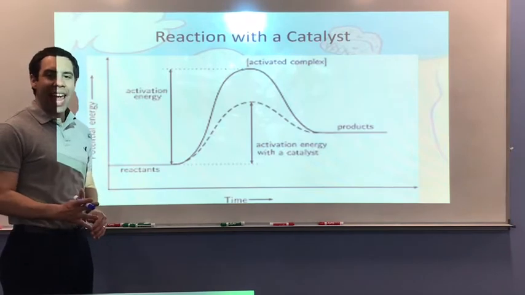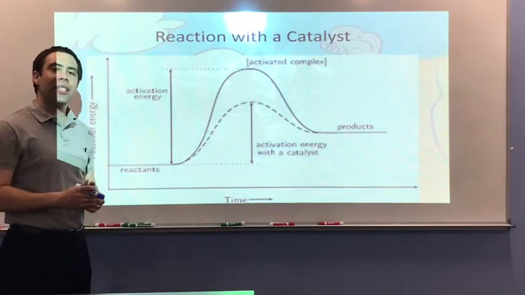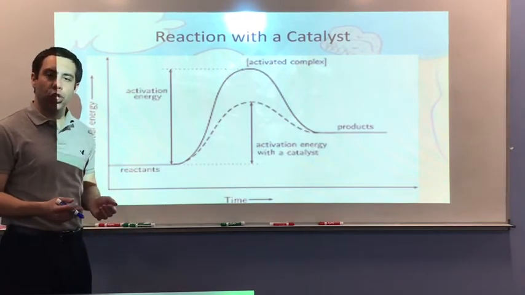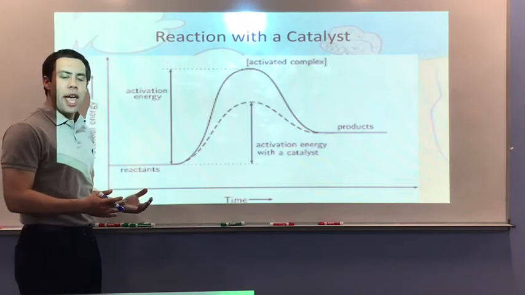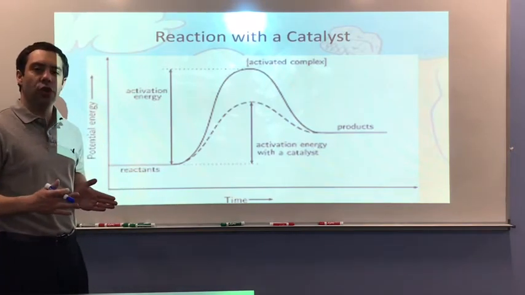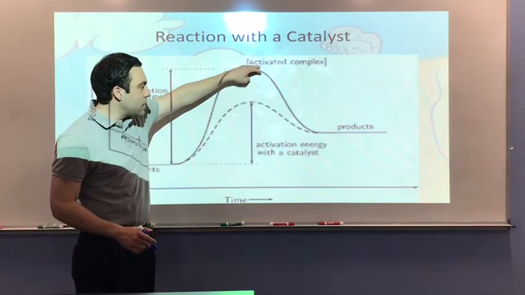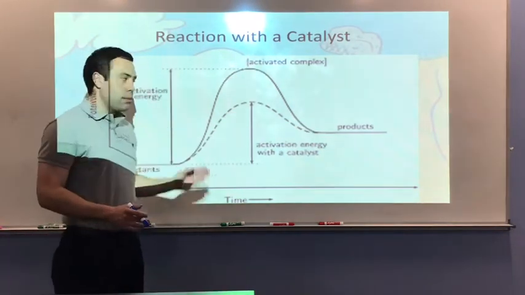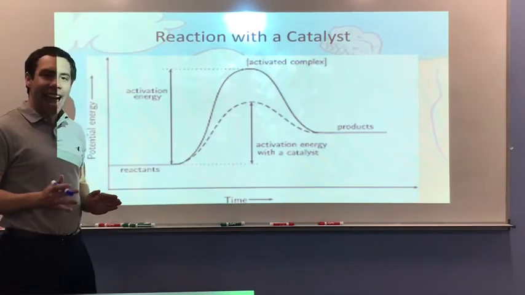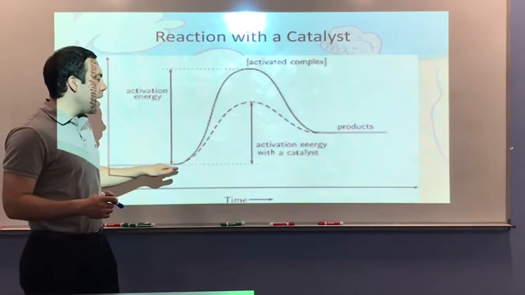Remember, a catalyst lowers the activation energy for a chemical reaction, or, as the Regents would say, provides an alternative energy pathway. So the normal pathway, represented by the solid line, is here. If you add a catalyst, you're lowering the activation energy.